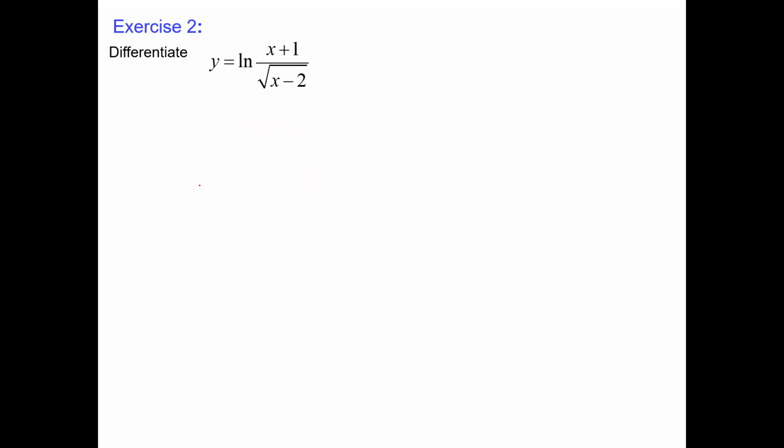Derivative of natural log of the quantity x plus 1 over the square root of x minus 2. This one, of course, I can say that this is my u quantity, and the derivative is 1 over u times u prime. So I have to flip this fraction, then use the quotient rule and differentiate.